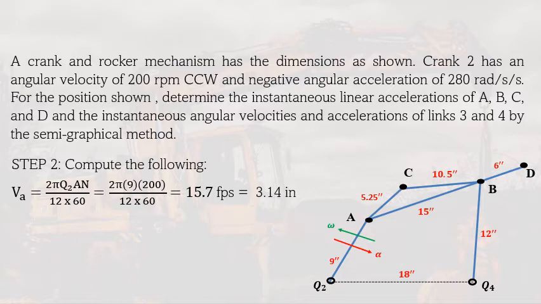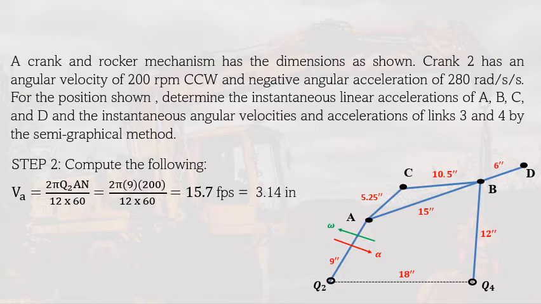So the velocity of point A would be 2 pi Q2A multiplied by n, then you divide it by 12 and 60 because this represents the conversion from inches to feet and from minutes to seconds. If you plug in the values from the given, which are 200 RPM and 9 inches, because Q2A is 9 inches as you can see here, our velocity of A is 15.7 feet per second.